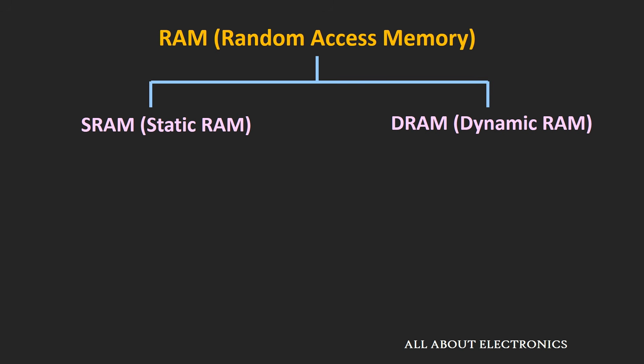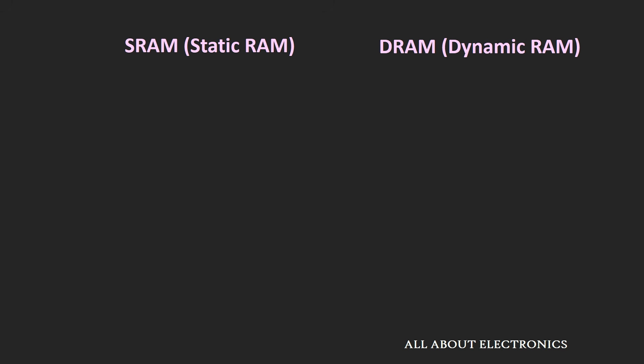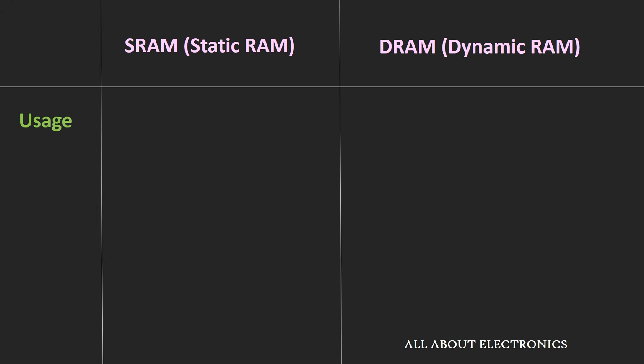Now let us see the difference between SRAM and DRAM in terms of different aspects. If you have seen my earlier video on cache memory, then you might already know about SRAM as well as DRAM. But anyway, let us see the differences. SRAM is used as a cache memory inside the computer, while DRAM is used as the main memory.